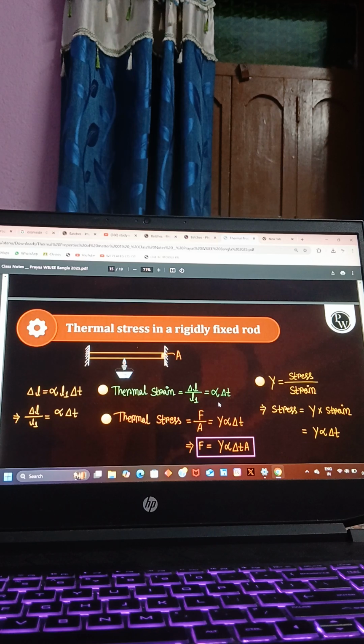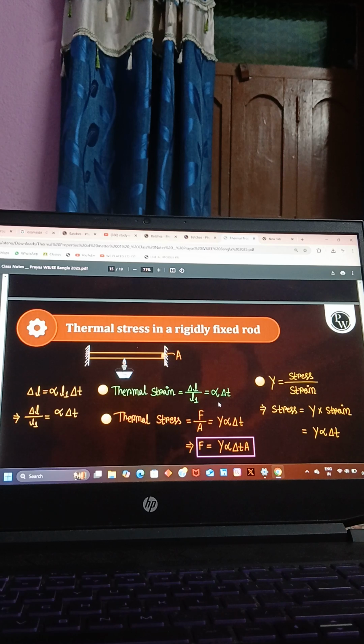If we fix a rod between two walls and continuously heat the rod, then a stress will be generated, because the rod wants to expand, but the walls deny it expansion, so internal stress will be generated, that is equal to F by A equal to gamma alpha delta t.